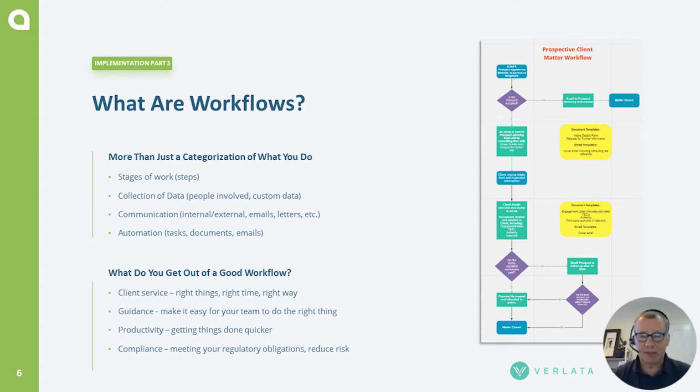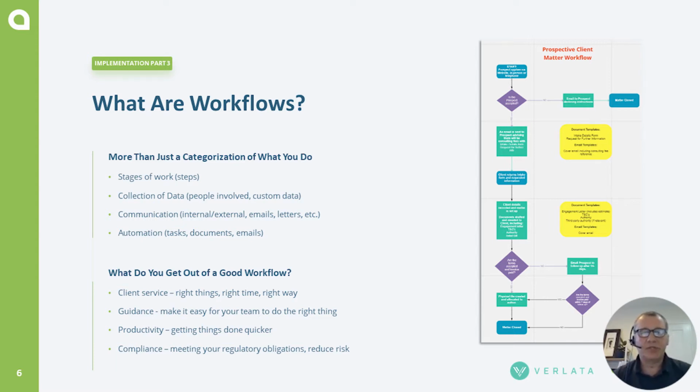And that seems to be a nice, easy, natural starting point for people when they're thinking about matter types and workflows. But really, workflows are more than just a categorization of what you do. They are obviously for each of the matters that you work on. You've got stages of work, which can be represented inside Actionstep.